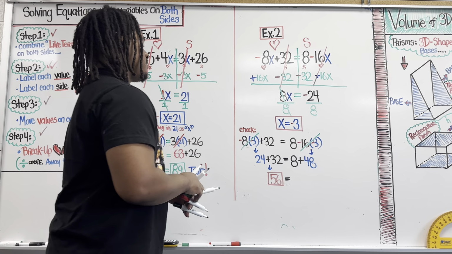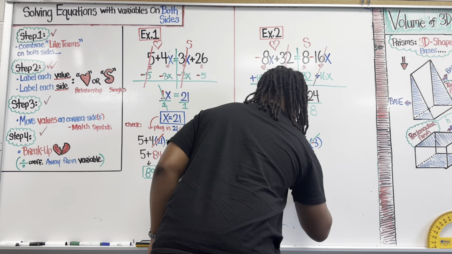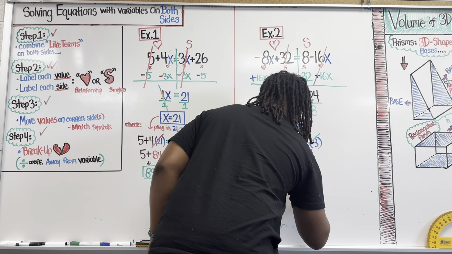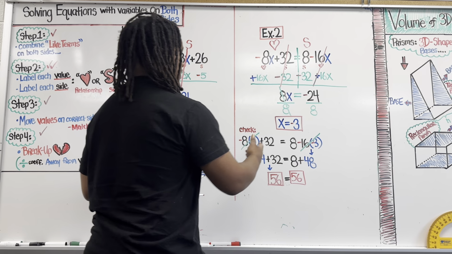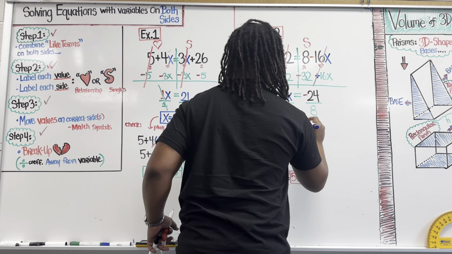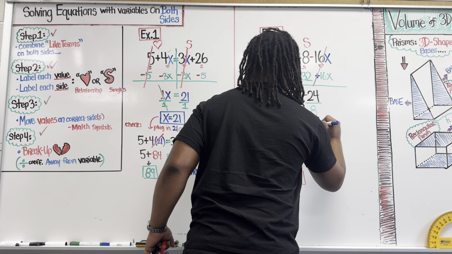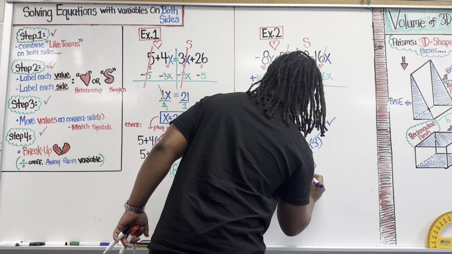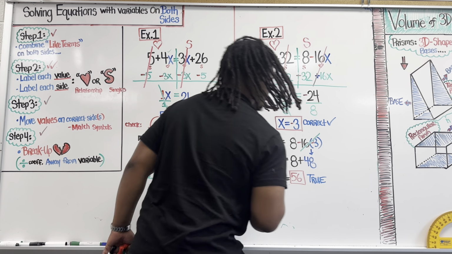And 8 plus 48 is 56. Okay? So if both sides equal, guys, then that means that this particular value of x is correct or true, however you want to say that. This right here is the correct value of x because it makes the equation true.